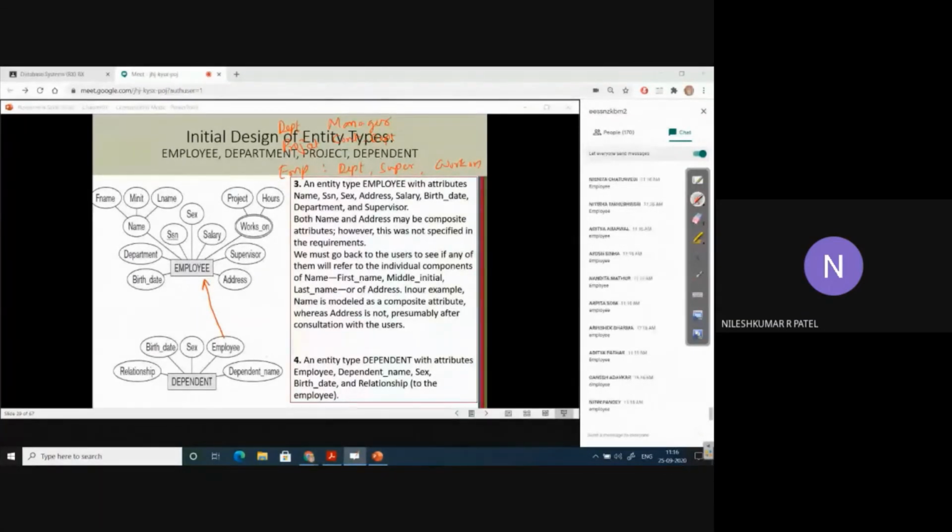So for the dependent entity type, that is the employee attribute. So how many attributes for relationship were we able to find? Here it is 1, here also 1, here 1, 2 and 3, 5, and the last one is 6. So we were able to identify 6 attributes for relationship.